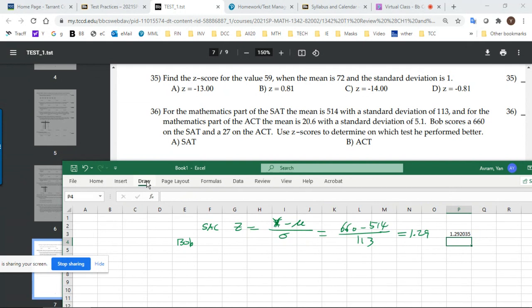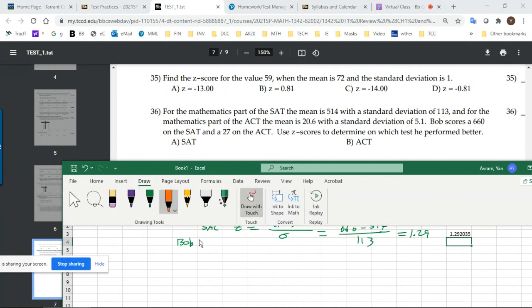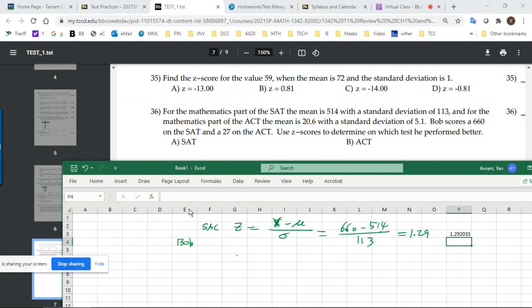And then his ACT z-score will be: the ACT score is 27, minus the mean 20.6, divided by the standard deviation 5.1. So 27 minus 20.6, divided by 5.1, gives you 1.25, rounding the next digit.